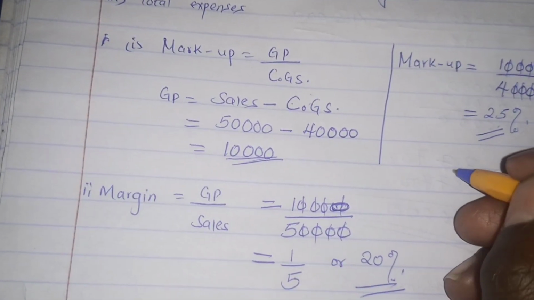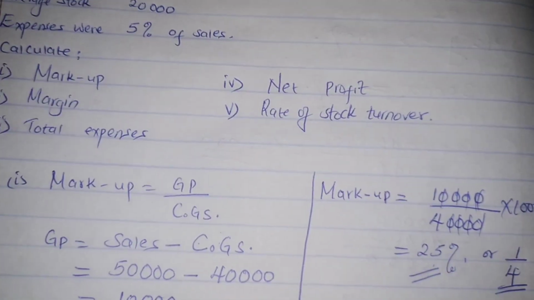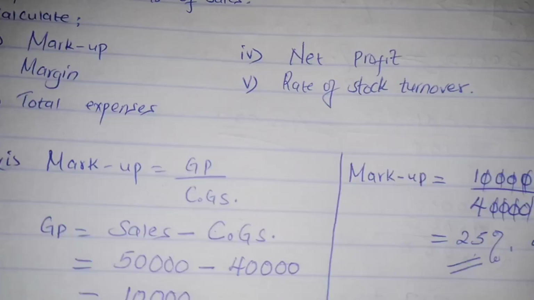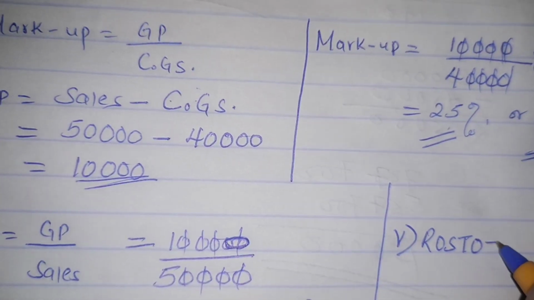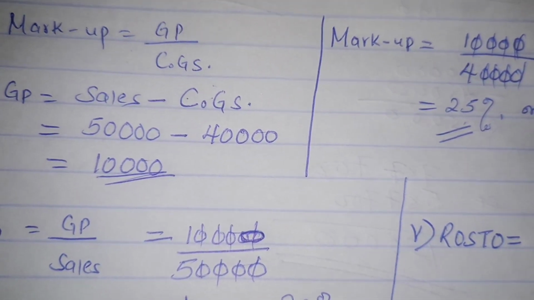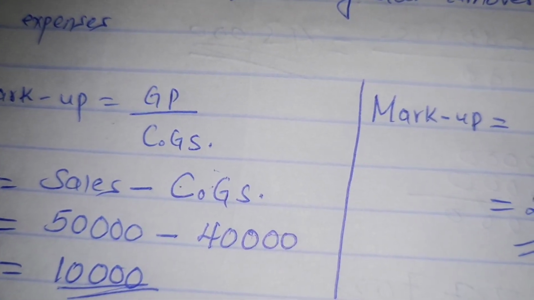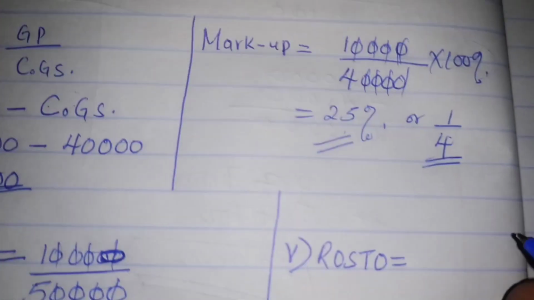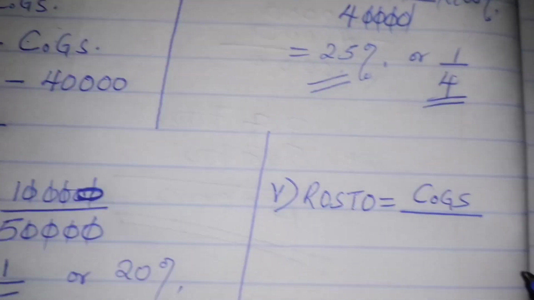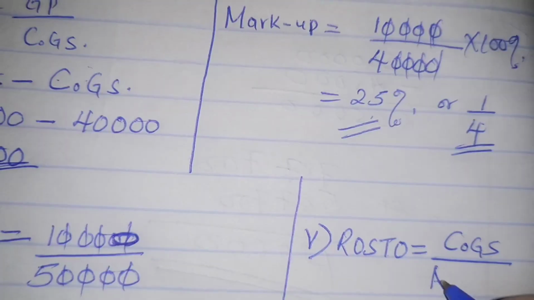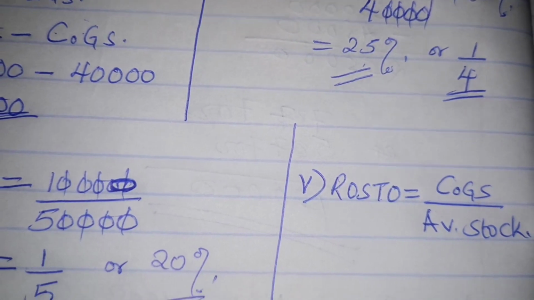Then the last one, rate of stock turnover. This one is given by cost of goods sold divided by the average stock.